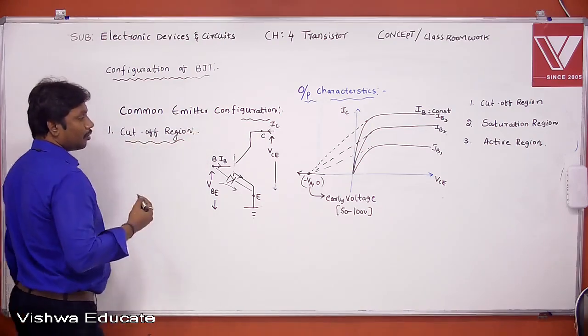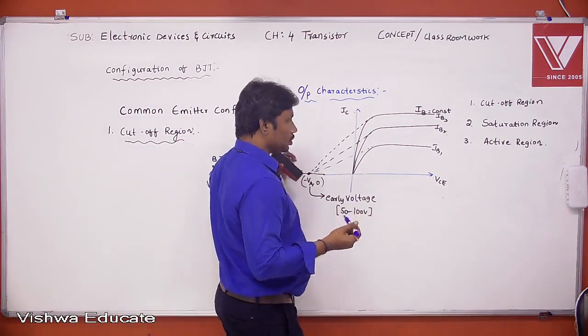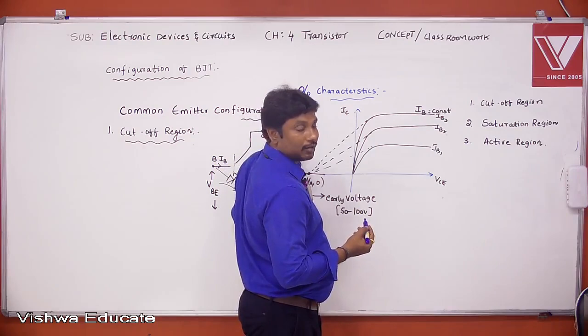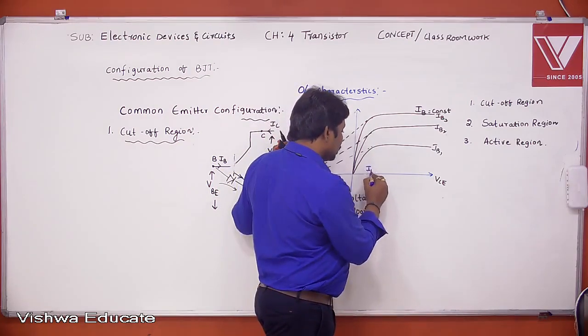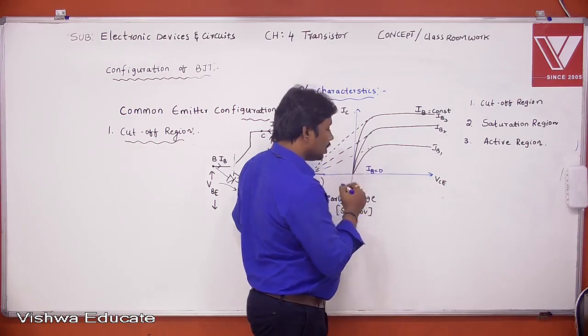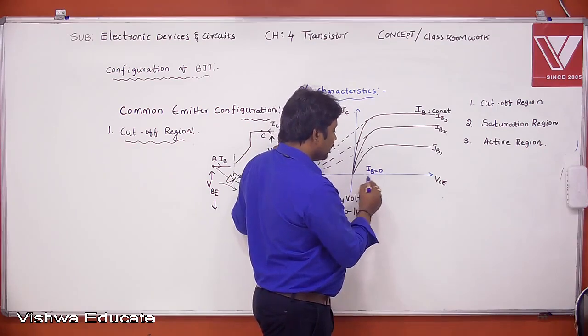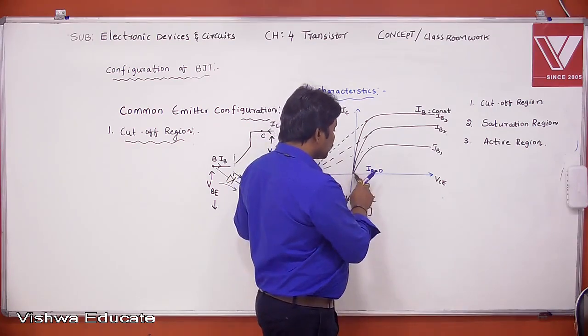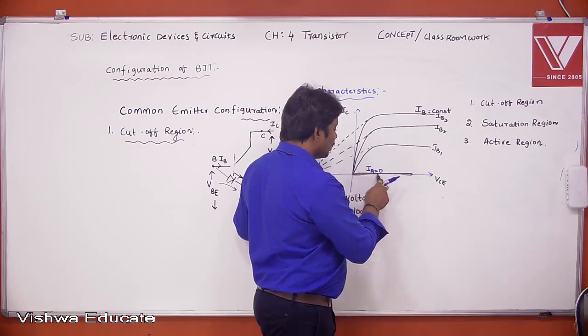What is cutoff region actually? Cutoff region is nothing but the region in which IB is 0, and also right of the VC. Right of the VC means this portion.